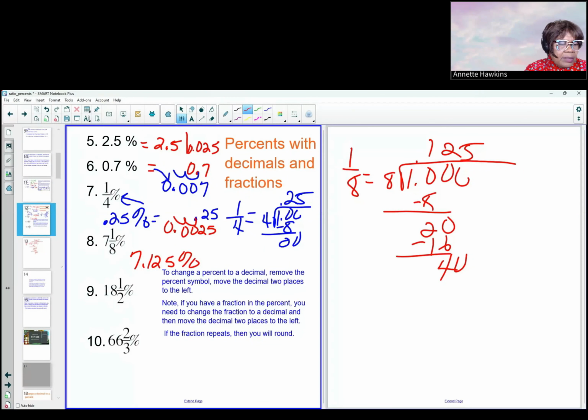Change that to a decimal for me. All right, so we're going to drop the percent symbol, and I need to move it 2 places to the left. 1, 2.